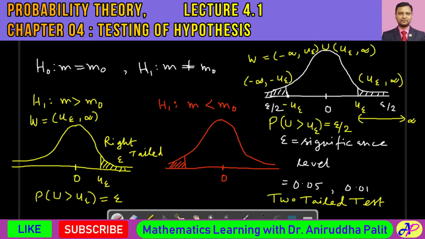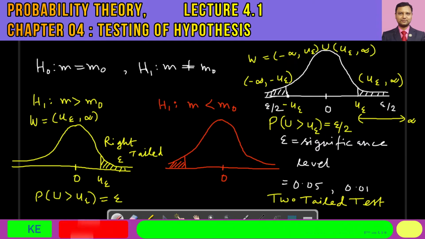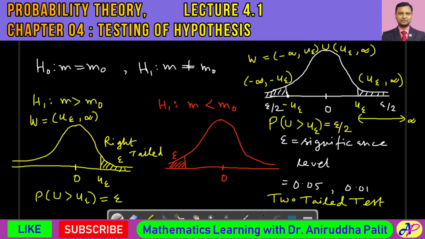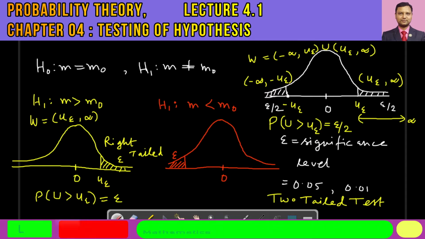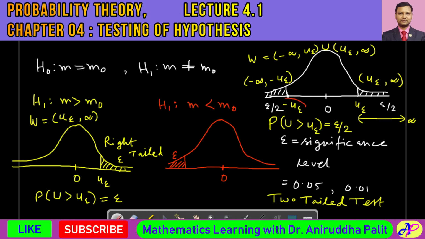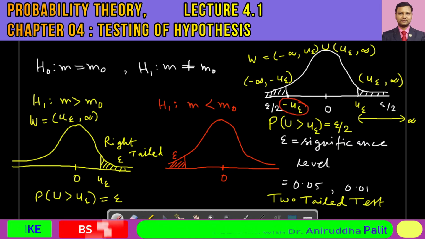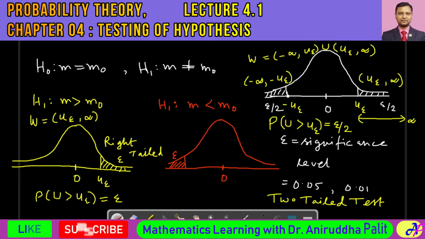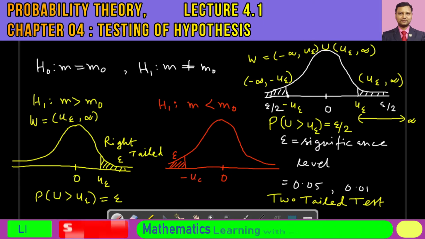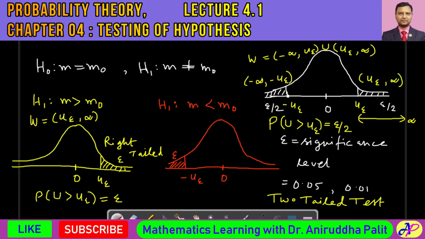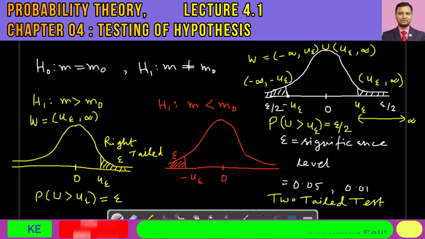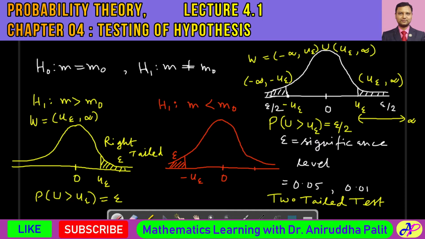So this much area would be equal to the area epsilon. In general, the convention is that u epsilon is chosen as positive, so that on the left hand side we mark this expression as minus u epsilon. So if you consider this point equal to minus u epsilon, maybe -3, -4 or something, then correspondingly one such u epsilon would be there.